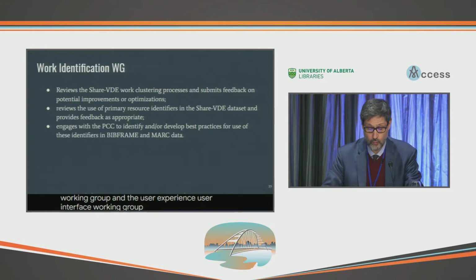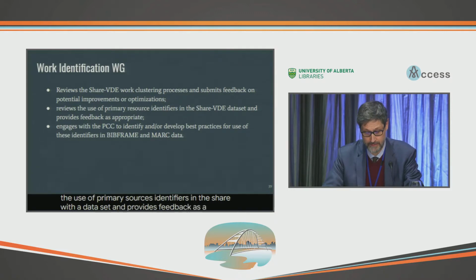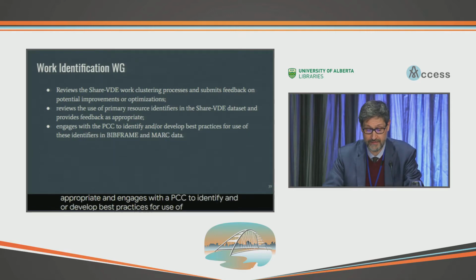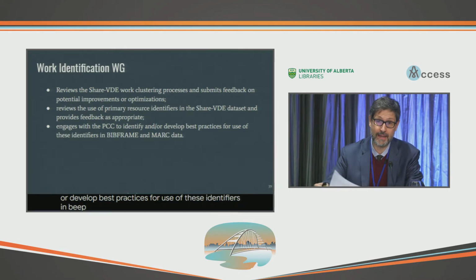The first one, the Work Identification Working Group, reviews the Share VDE work clustering processes and submits feedback on potential improvements or optimizations. It reviews the use of primary source identifiers in the Share VDE dataset and provides feedback as appropriate, and engages with the PCC to identify and/or develop best practices for use of these identifiers in BIBFRAME and MARC data.